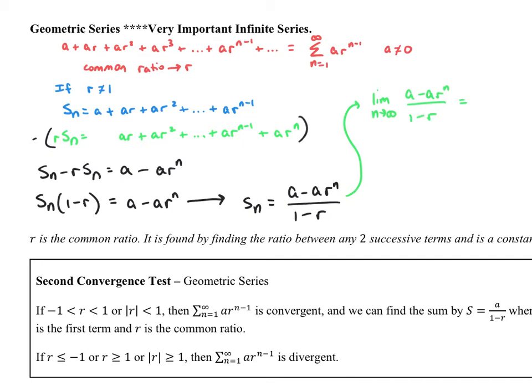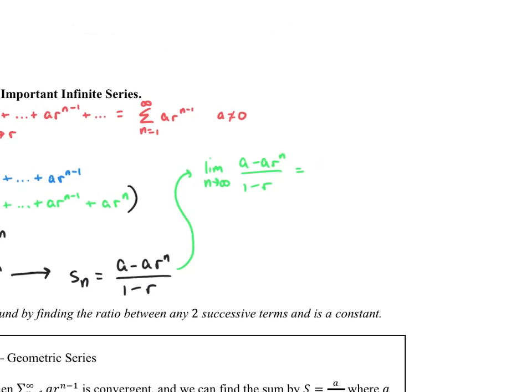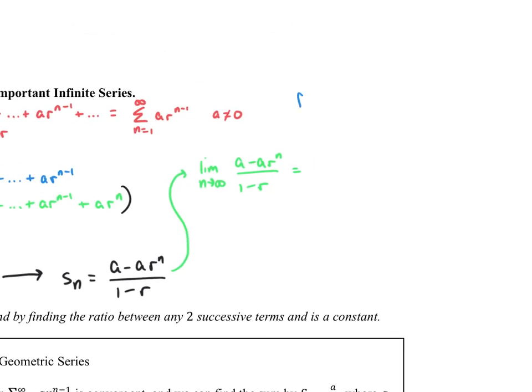If n goes to infinity, we know, based on what we were studying in section 8.1, and I'll just write it over here on the side, from section 8.1, we know that if r is a value between negative 1 and 1, including 1 but not negative 1, that particular sequence is going to converge.